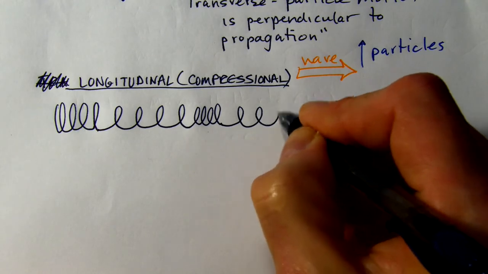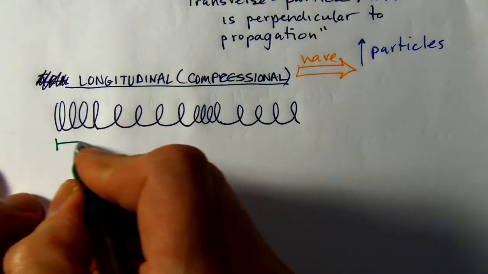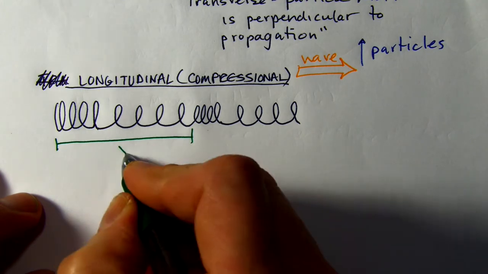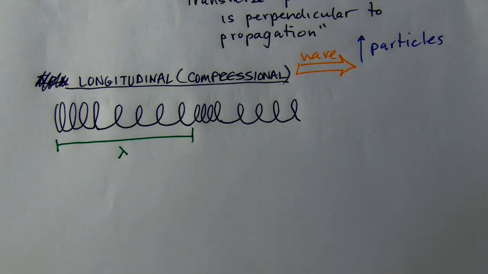1, 2, 3, 4. Now this is interesting, especially when you consider that a transverse wave was more symmetrical or more consistent. But what we have here now is an interesting way to look at wavelength. We could really say that the wavelength still stands, that we go from one portion of a wave to the next identical portion of the wave.